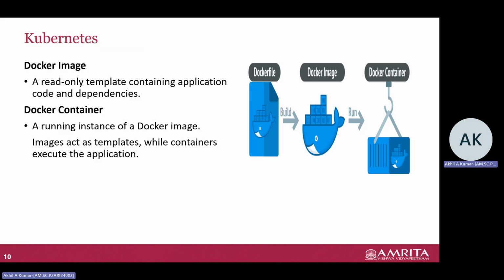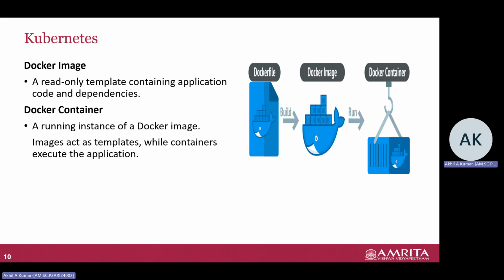So next one is Kubernetes. While Docker is used to create and run containers, managing a large number of containers across multiple servers is a challenging process. So this is where Kubernetes comes into play.